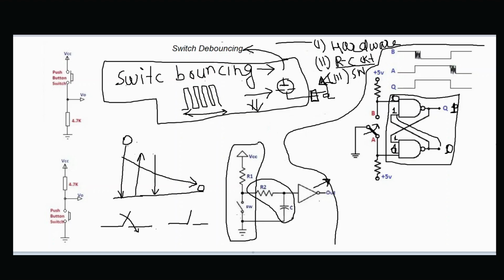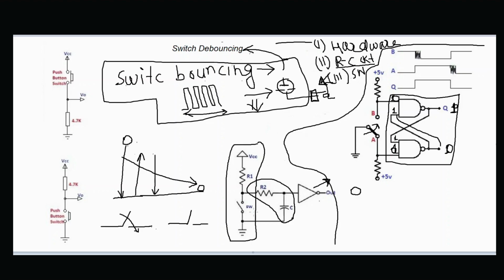And let's understand. When the circuit is open, this capacitor will charge through R1 and R2, and when it reaches VCC, this inverter will sense it as logic high, so the output will be 0.